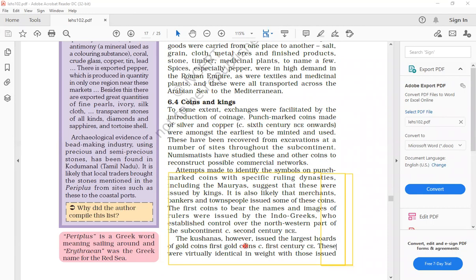The earliest coins to be minted were the punch marked coins. This is important. Here it is.